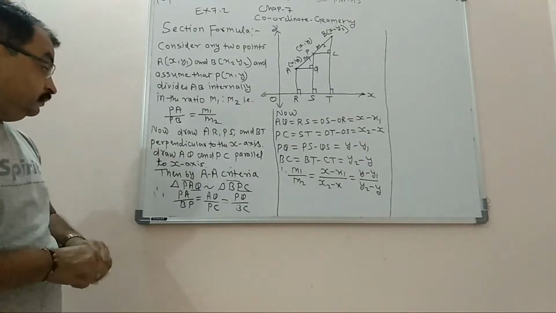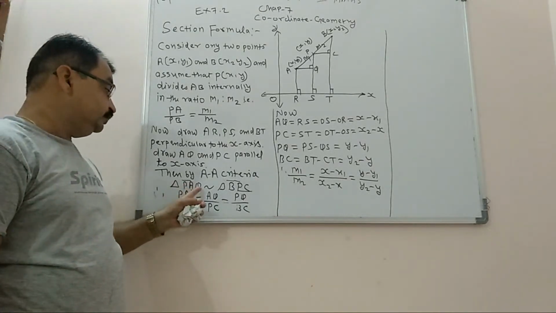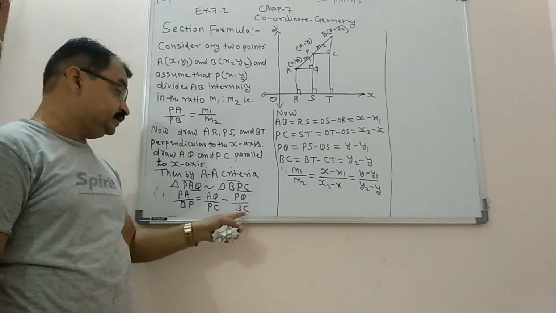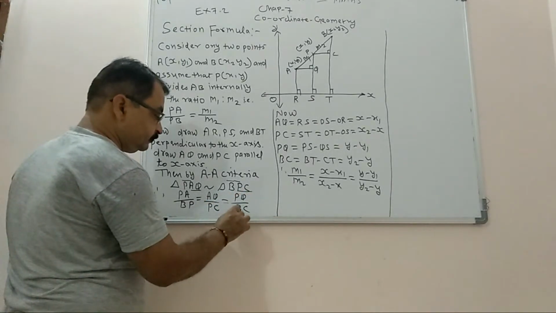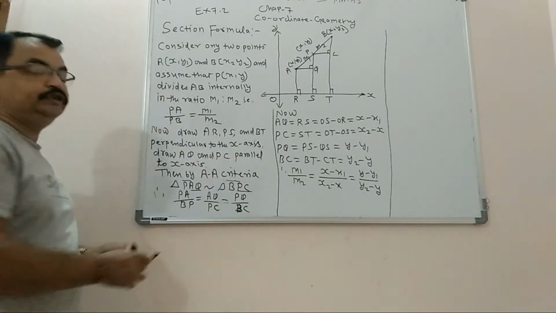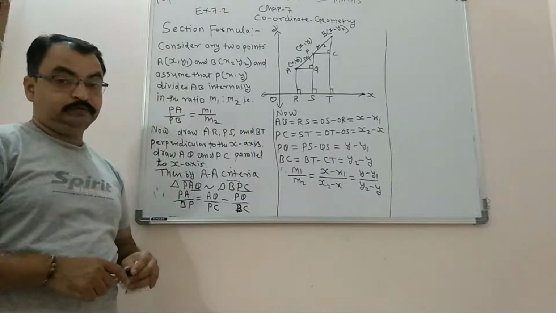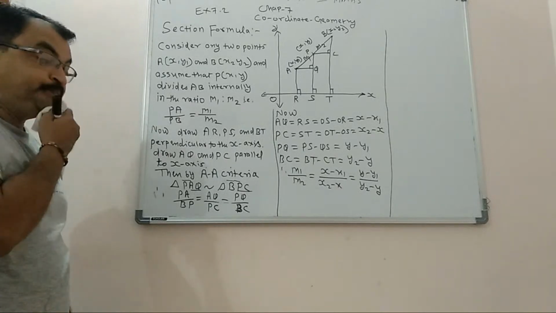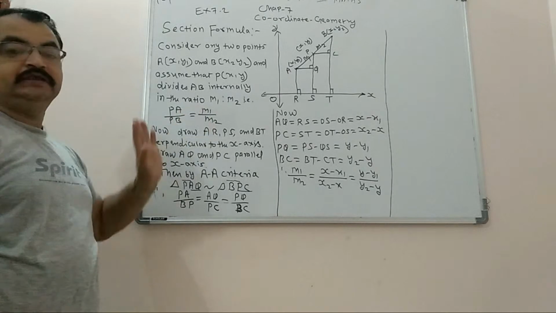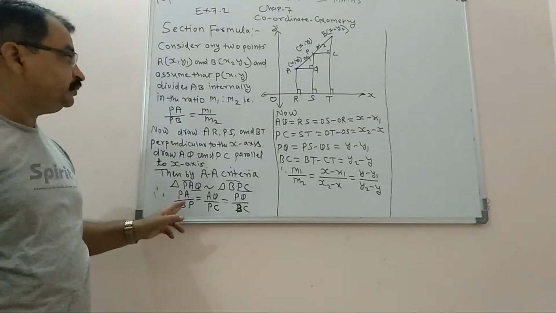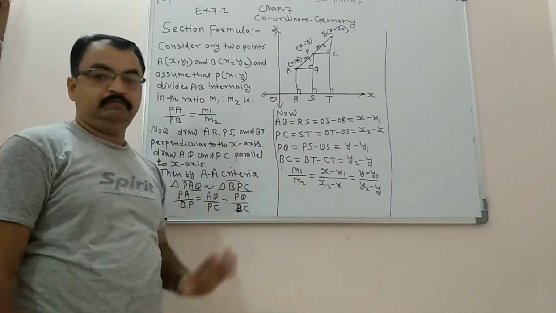Then first and third pair, PQ, here first and third pair is BC. So PQ upon BC, children, right? So all three ratios of sides are equal. Now see children, PA upon BP, this ratio is known. PA upon BP is M1 upon M2. So this we will replace as M1 upon M2.